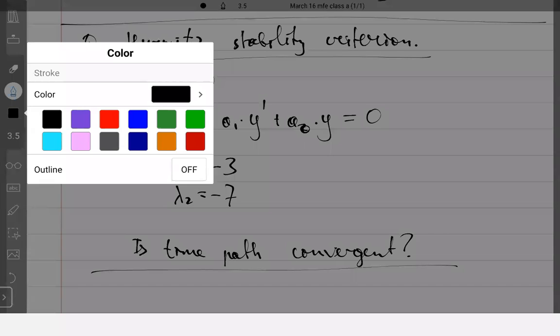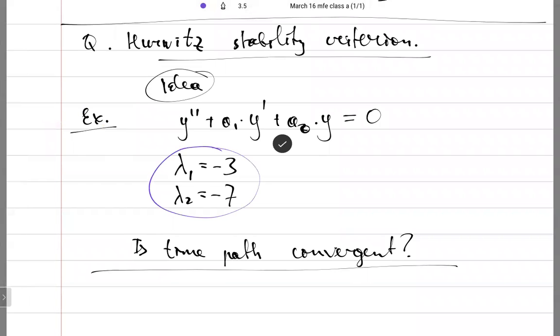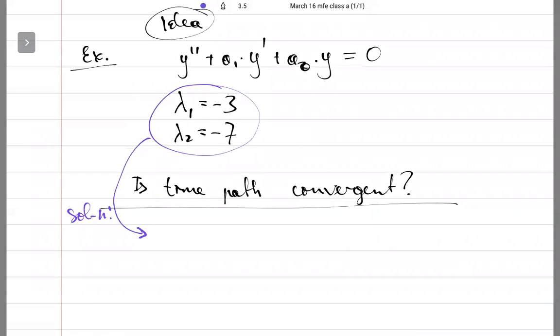The answer says that if I have lambdas, roots of the characteristic equation, then I can build my general solution. General solution y of t will be equal to what?